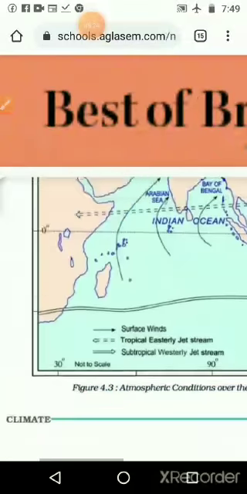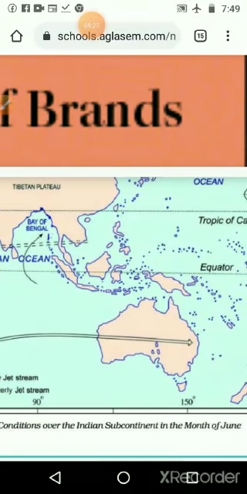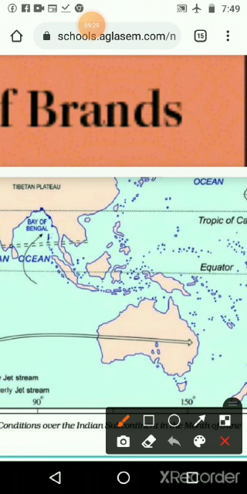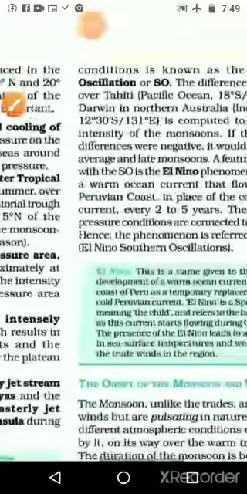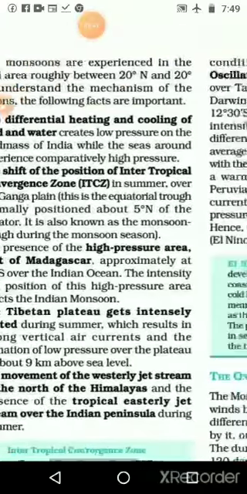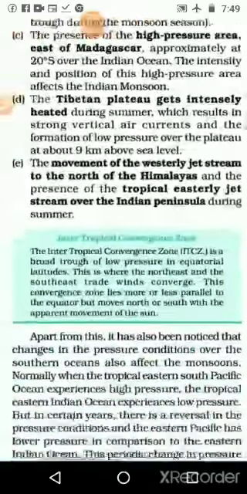So we will go back to the map. Here this is the eastern side of the Pacific Ocean, Tropic of Cancer, and here we are experiencing the high pressure. At the same time here we are experiencing the low pressure, here also low pressure. So the changes in the pressure of the two oceans also affect the monsoon season of India.